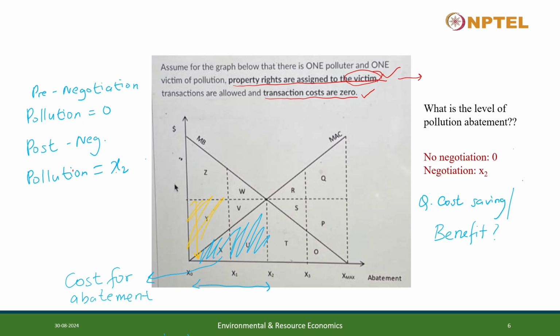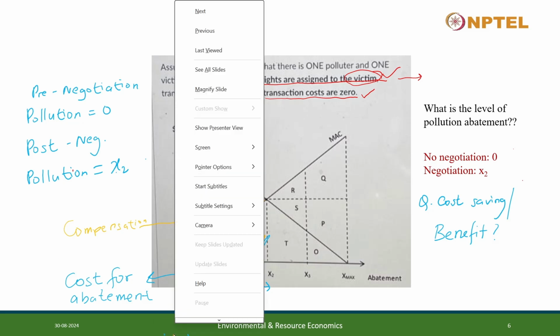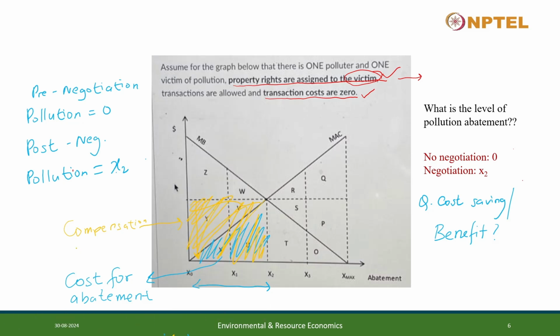So this whole area of compensation will be given as compensation by the polluter to the victim. Okay, so what is the extra benefit which the victim is getting? Anyone?